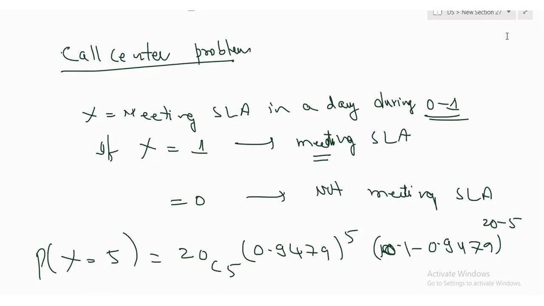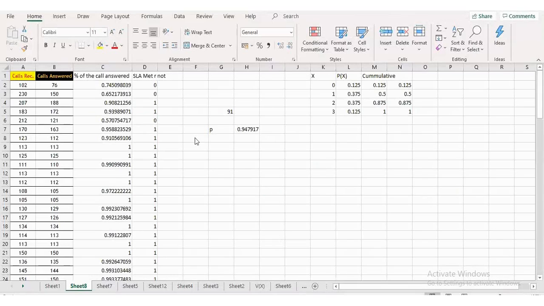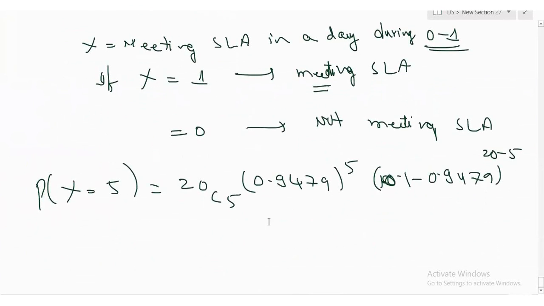But the probability is almost 0 for 5 days. Of course. What is the meaning of this? It is nearly 0. Exactly, what is the chance of meeting exactly 5 days? Probability 0. What does this mean? Exactly means the probability of meeting only exactly 5 days.